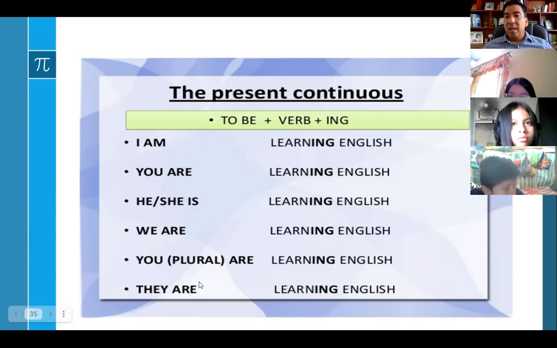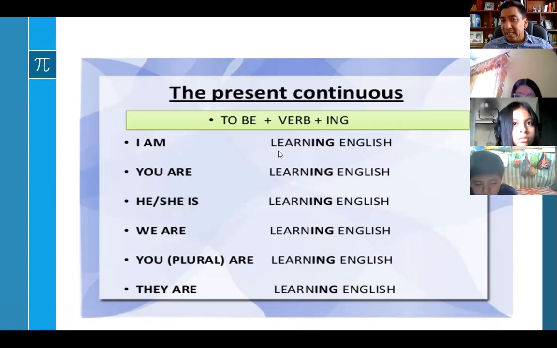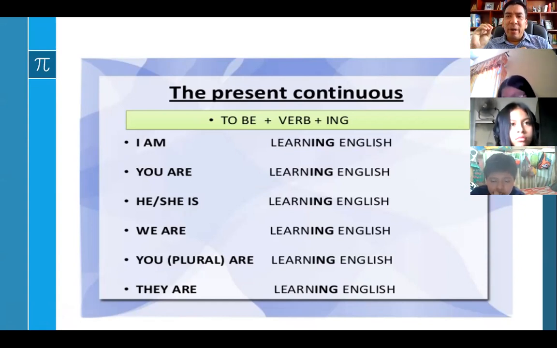Very simple, okay? Number one, we have the base of the verb. In this case, for example, the verb is learn. This is the verb learn, aprender, ¿verdad? Okay, so we have the verb, and what is the characteristic of present continuous? Is the ing termination.